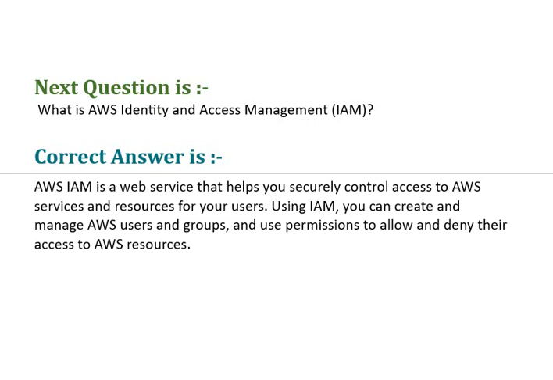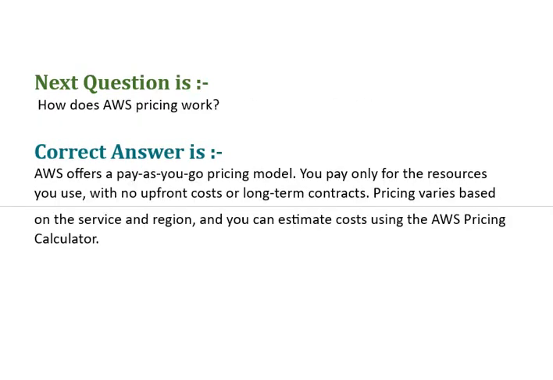Next question is, how does AWS pricing work? Correct answer is, AWS offers a pay-as-you-go pricing model. You pay only for the resources you use with no upfront costs or long-term contracts.